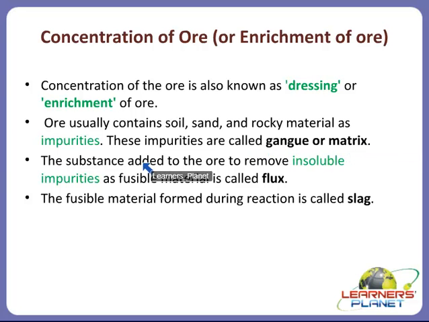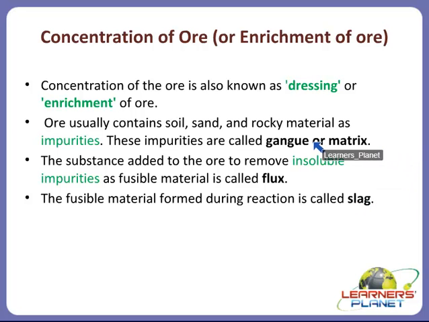Now the substance added to the ore to remove infusible impurities as fusible material is called what? Flux. The fusible material formed during the reaction is called slag.